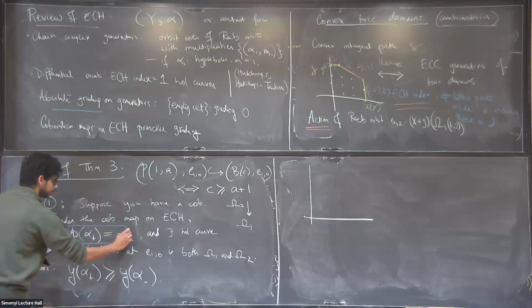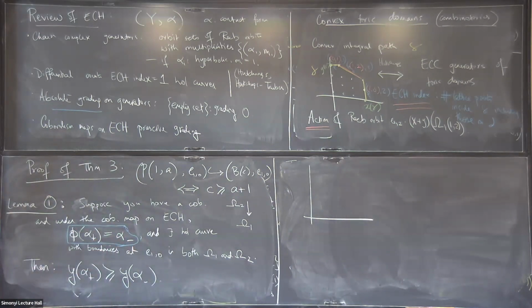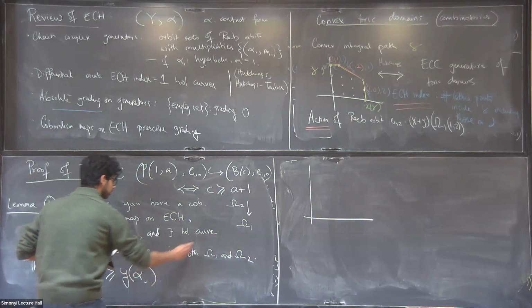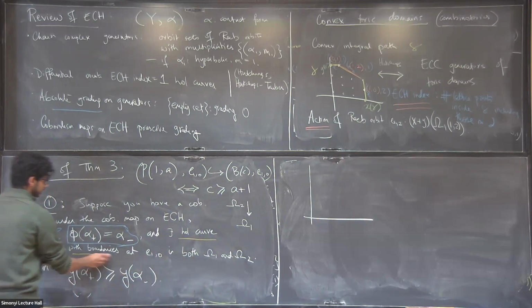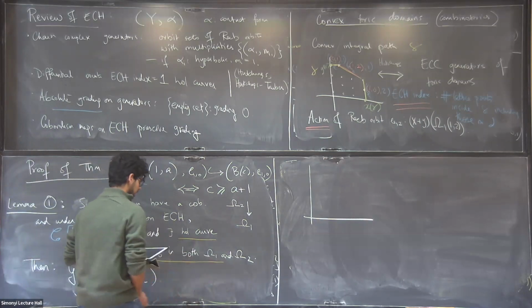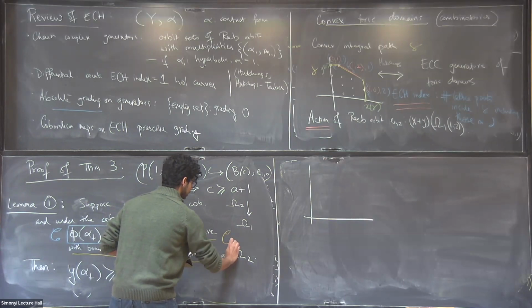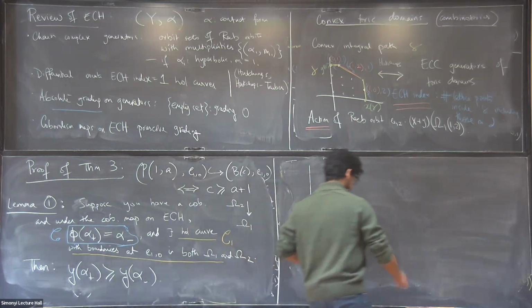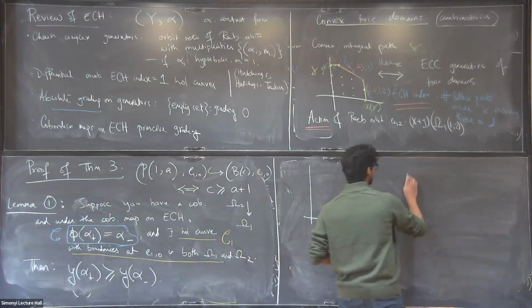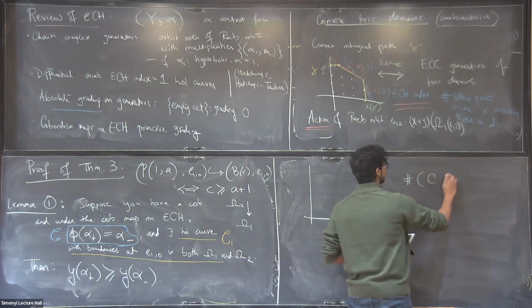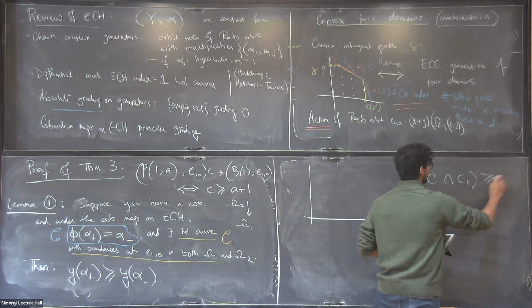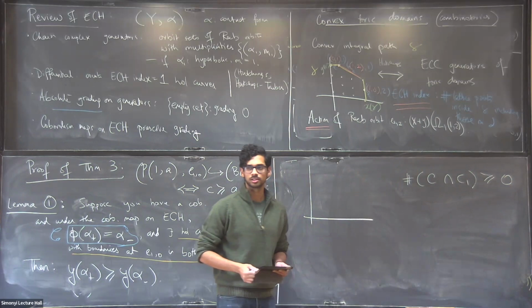If this is true, that means there is some holomorphic current. Let's just assume we have some holomorphic curve C with ends on alpha plus and alpha minus, and some other holomorphic curve with boundaries at E10, let's call that C1. Then the linking between C and C1 has to be positive by positivity of intersections.